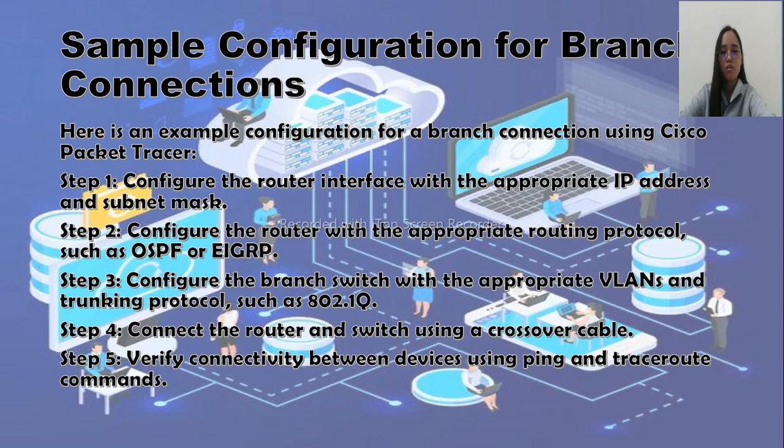Configure the branch switch with the appropriate VLAN and trunking protocols such as 802.1q. Step 4. Connect the router and switch using a crossover cable. Step 5. Verify connectivity between devices using ping and traceroute commands.